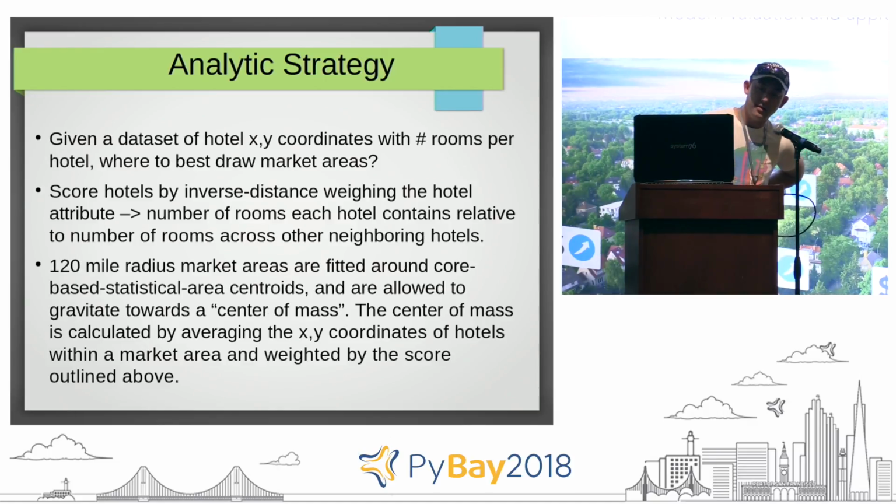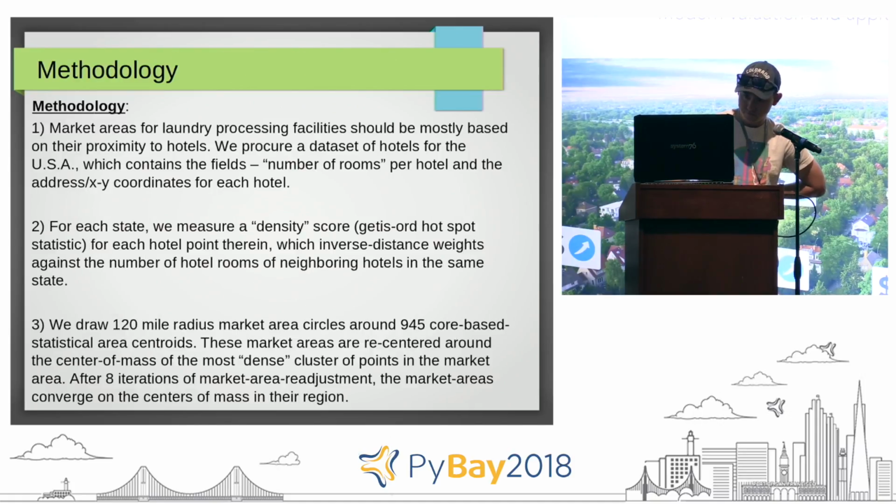And then fit a 120-mile radius market area around an initial seed distribution of centroids around core-based statistical areas defined by the US Census Bureau, and then iterate a statistic that looks at the center of mass of the hotels using room count and latitude and longitude, and repeat until convergence.